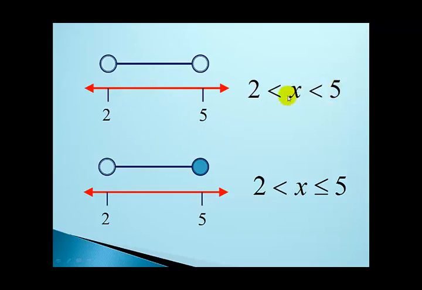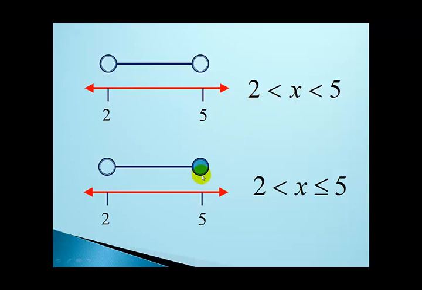Values of x less than 5 are on the left of 5. This means that it's between 2 and 5. Take note that the circles at 2 and at 5 are not shaded because 2 and 5 are not included.